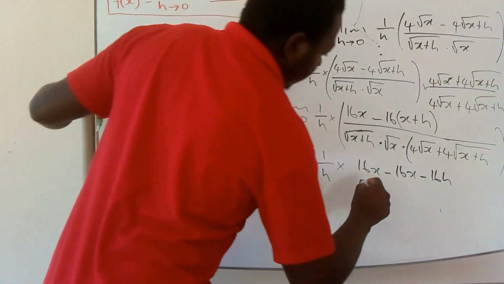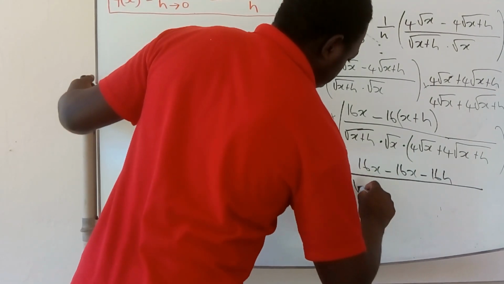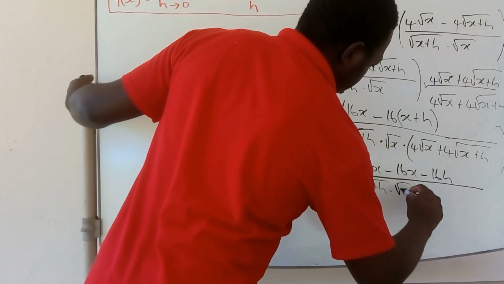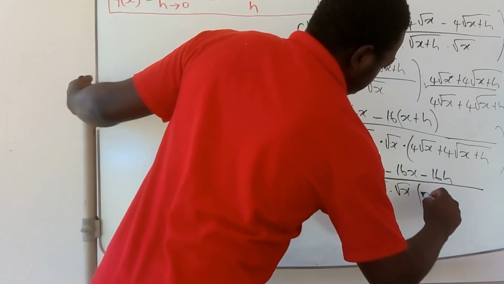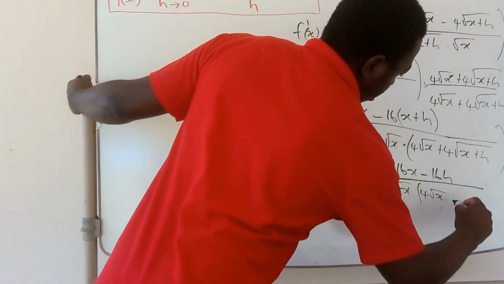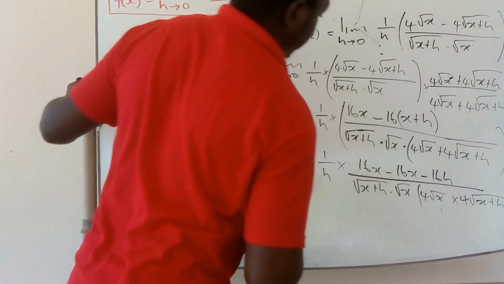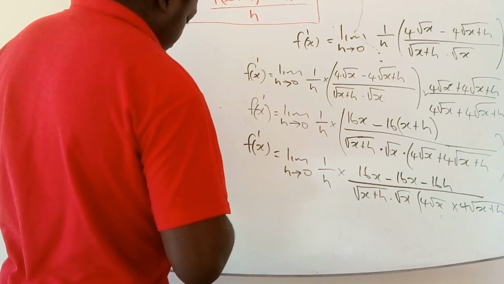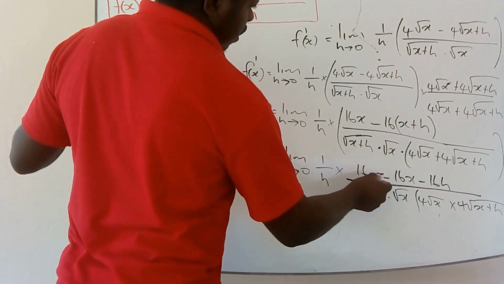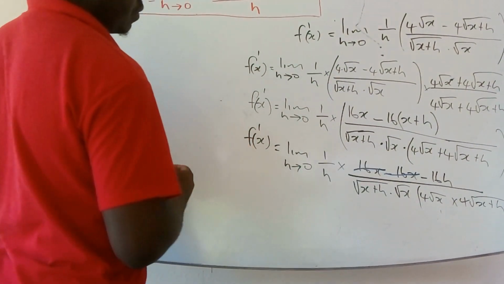All of this over the denominator, which is the root of x plus h times the root of x times 4 root x times 4 times the root of x plus h. Now, clearly, you can see that 16x will take out minus 16x.